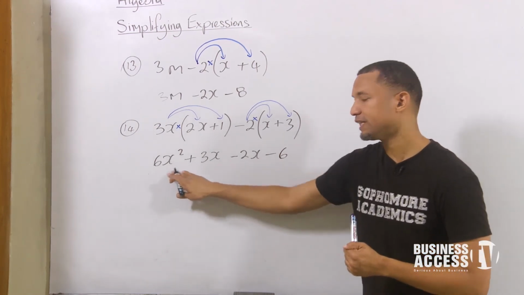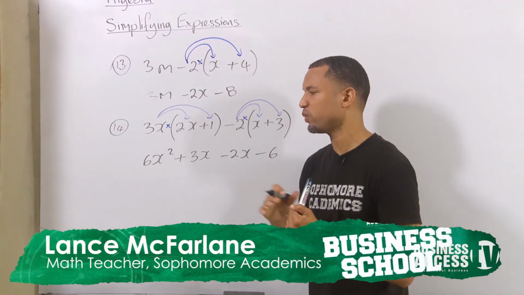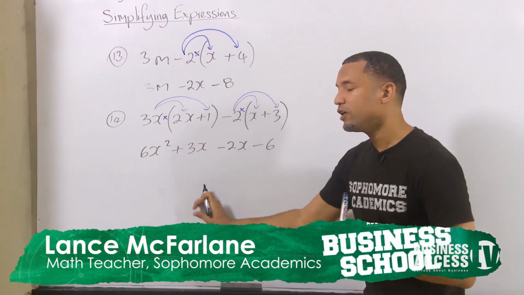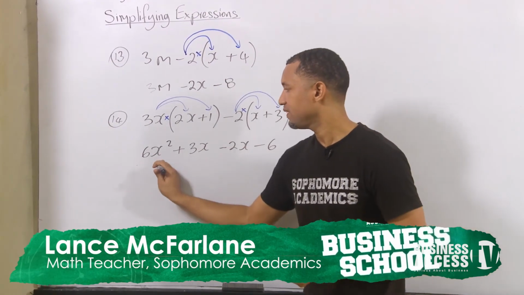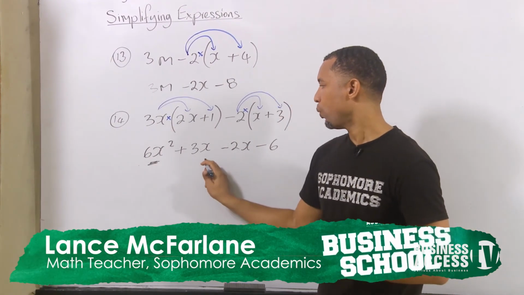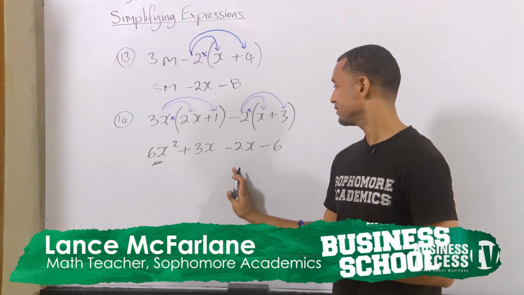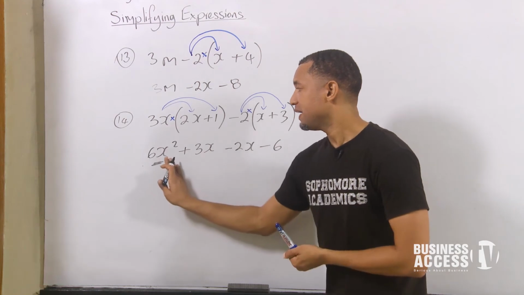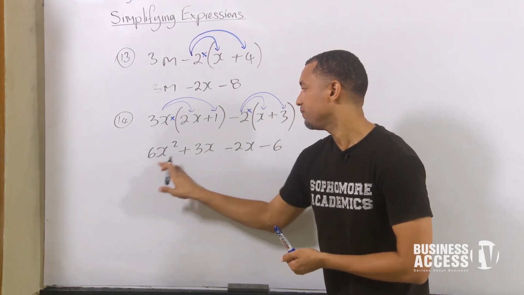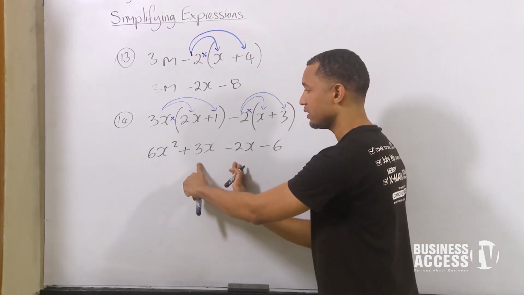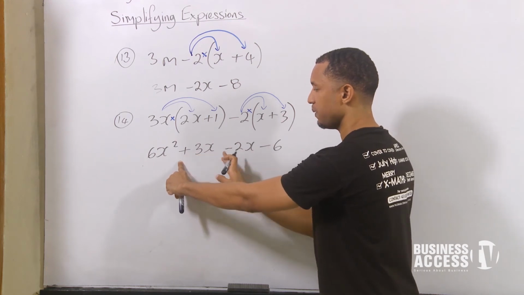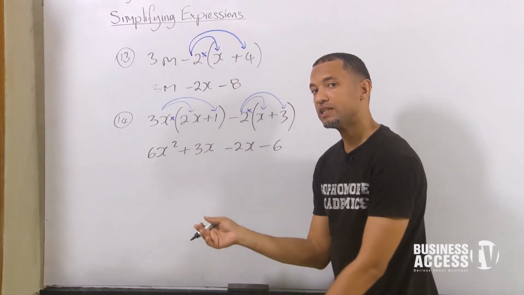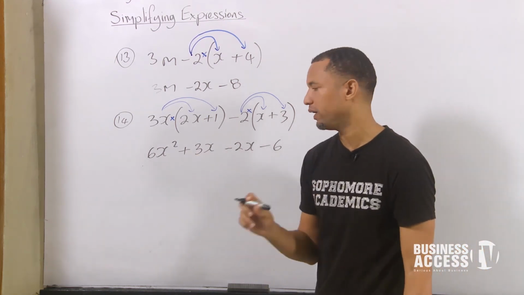So we have this expression after we have removed the brackets, we have expanded, and we're going to now simplify. We have x squared, we have 2 terms with x, and then we'll have a constant. Guys, we only have these 2 terms being alike. So what is 3x minus 2x? 3 minus 2 is 1.